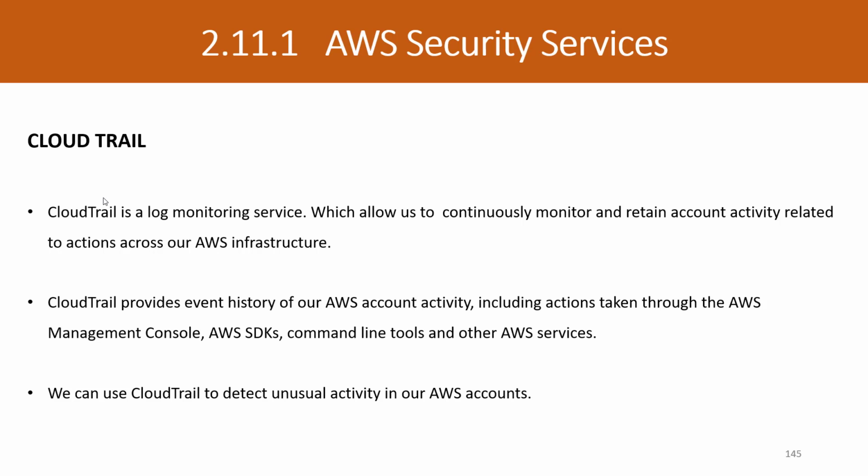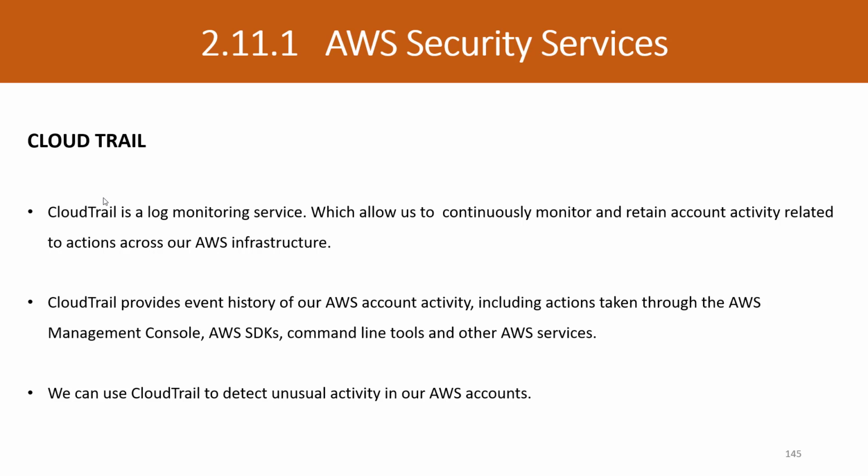Whatever actions you are doing in the AWS account will be monitored by CloudTrail. You can act through the management console using the UI, the AWS SDK, the CLI, as well as other AWS services. Whatever API you call, either read, get, or write APIs, it will be logged in AWS CloudTrail.